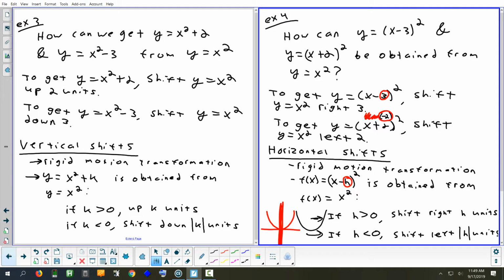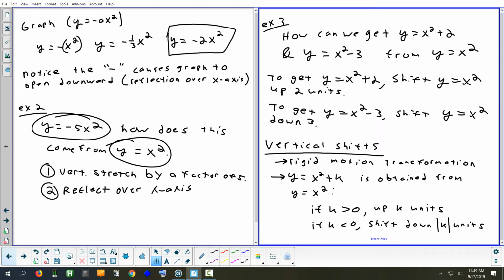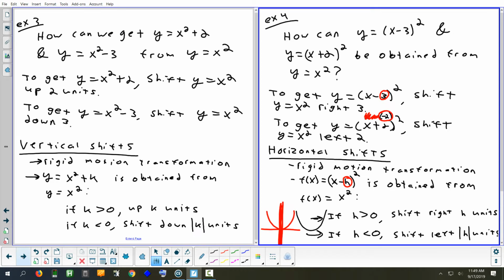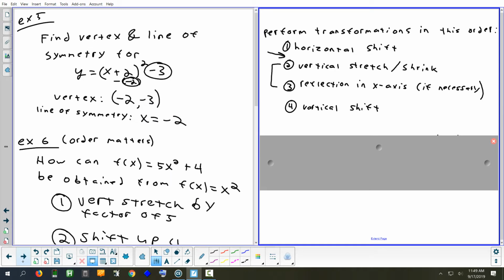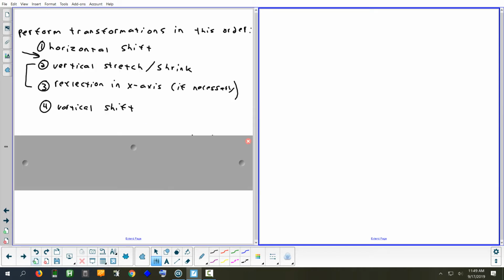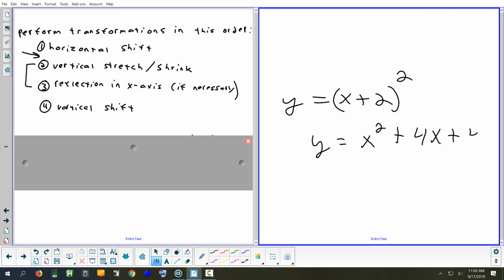Let's go back and look at, let me find a good one. This one, y equals (x plus 2) squared. Let me copy that down to a blank area. Now, let's say somebody took that and FOILed it all out. y equals x squared plus 4x plus 4.